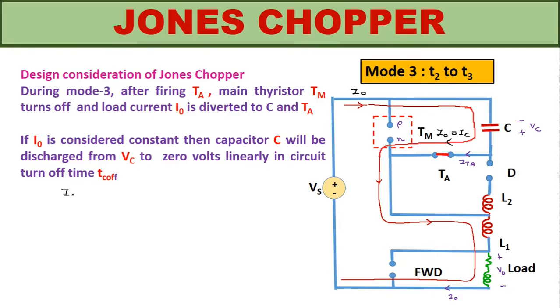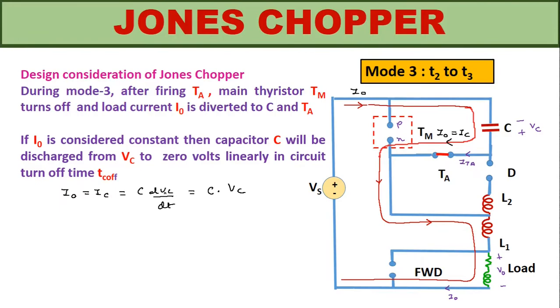Okay, so we can take the load current equal to the capacitor discharging current IC, and IC's formula is C dVc by dt. Now here, since the load current is considered constant, this value should also be constant. So we can take C into the voltage across the capacitor Vc, if the capacitor is discharging from Vc to 0.